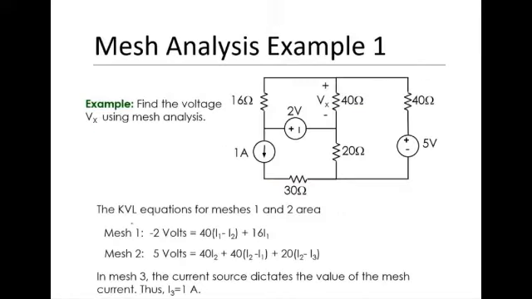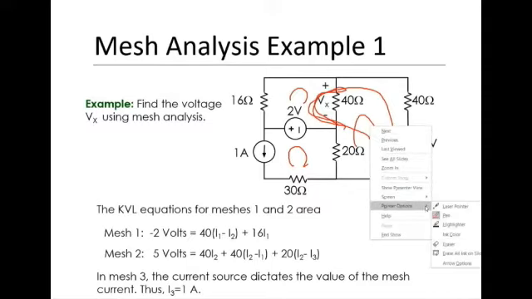For example, in this circuit we have three meshes. So that's 1, 2, and then 3. This loop right here is not a mesh since it crosses a branch like this.